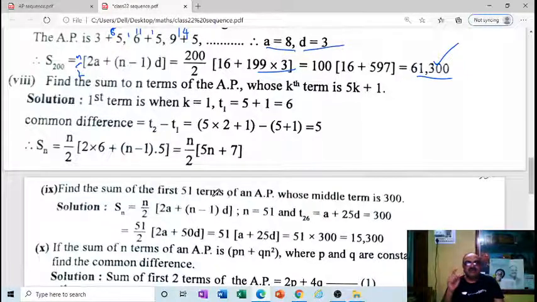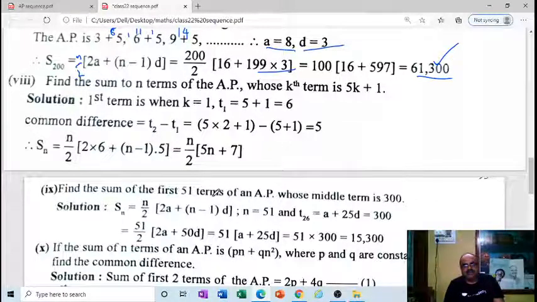Then the common difference is t2 minus t1, that is 5 into 2, 10, plus 1, 11, minus 5 plus 1, 6. So 11 minus 6 is 5, the common difference. First term a is 6, d is 5. That's enough to find out n terms in the series.